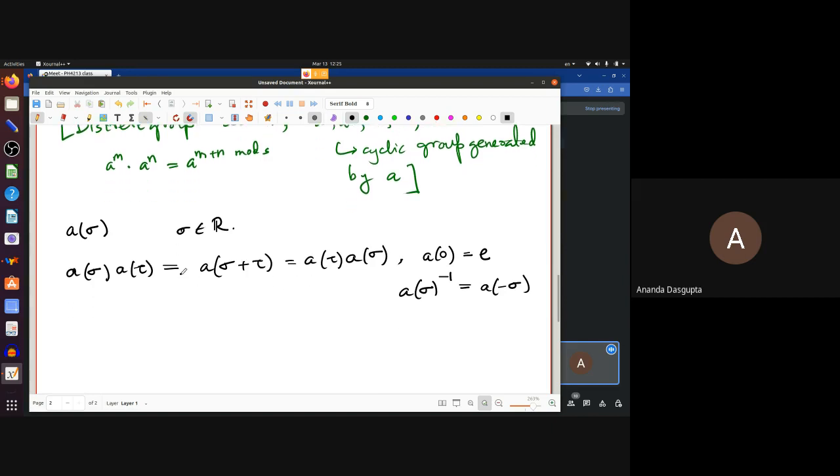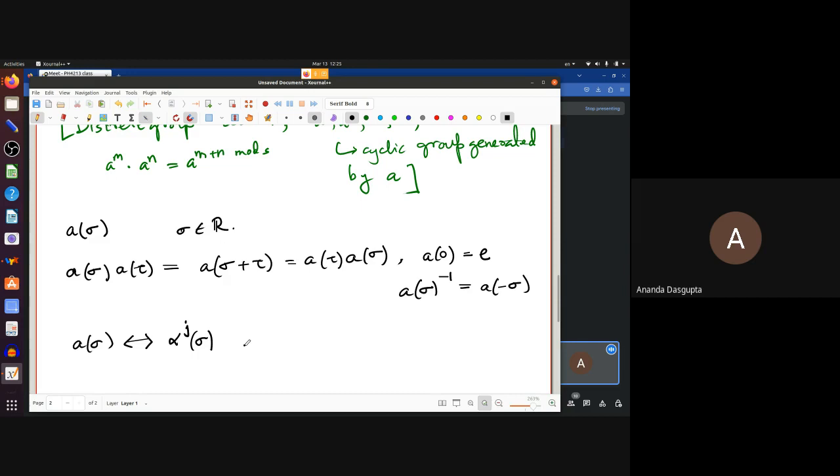Now, each of these A sigmas will, of course, have parameters. Remember, our group has a coordinate system, so every group element has parameters. So A sigma will have parameters. Again, the parameters of A we have called alpha 1, alpha 2, up to alpha r. And each of these parameters will depend on sigma. So this is very much like the alphas we talked about before, but now these alphas are not fixed numbers describing a particular group element.